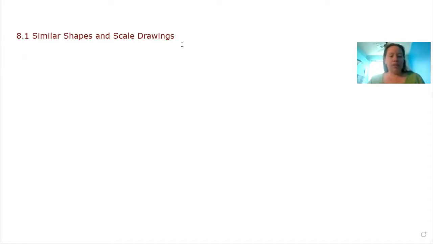So what we need to understand about similar shapes and scale drawings, or maybe you just want the review, is we have two things going on. When I say that something is similar, we're working on geometry now, and geometry is a lot of definitions and a lot of applying definitions. It always has been, it always will be.